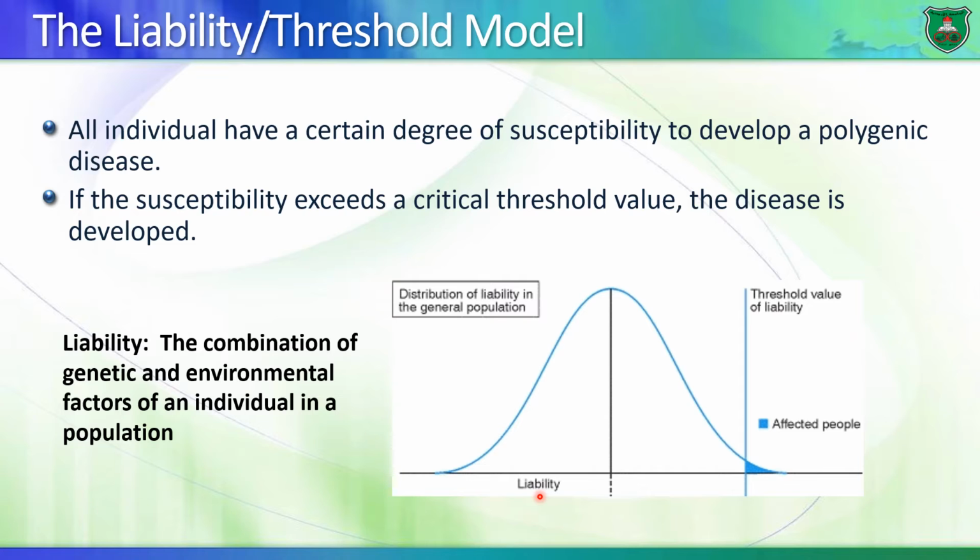These factors can be genetic, environmental, or even pathogenic. Having a certain number or combination of these factors would cause individuals to develop that condition. The distribution of these factors among a population follows a normal distribution curve. Most of the population do not have this condition because they do not have enough liability factors to develop it. Only these people do.